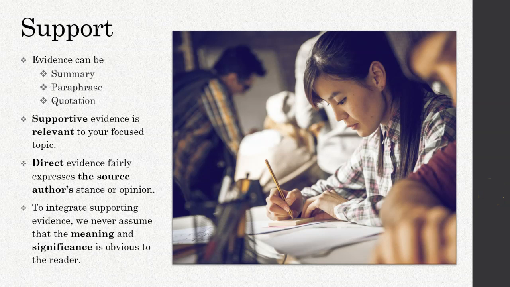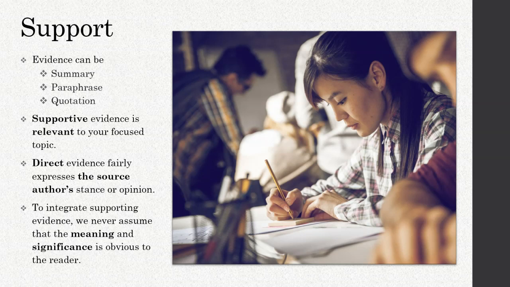So in order to integrate that supporting evidence, in order for the evidence to really show how it supports your topic, you should never assume that the meaning and the significance of that evidence is clear to the reader. For example, we never want to leave the meaning as how the textbook uses those metaphors as an orphan.